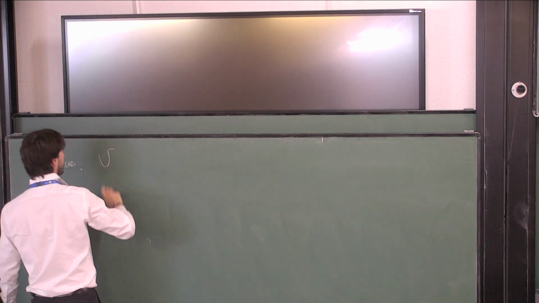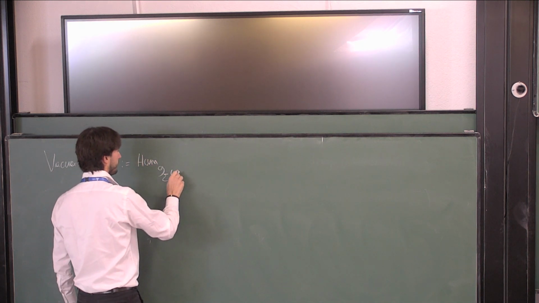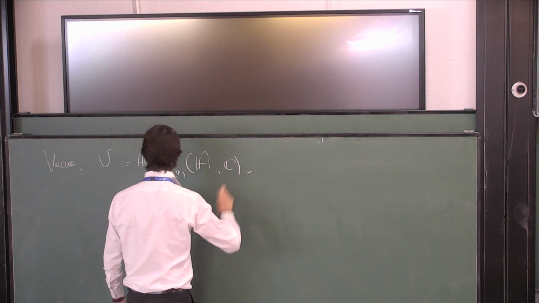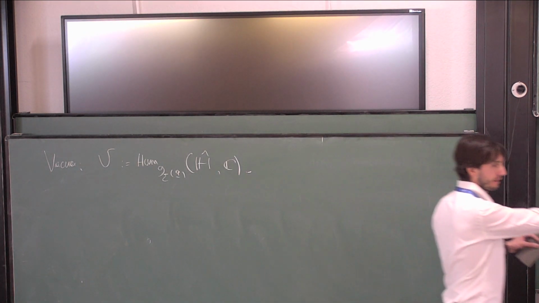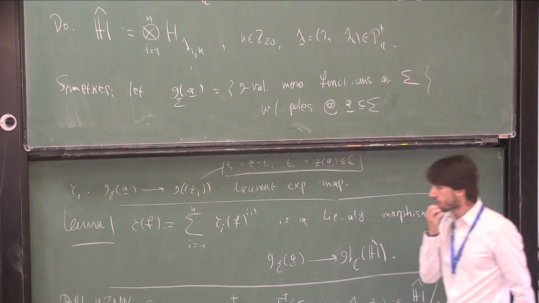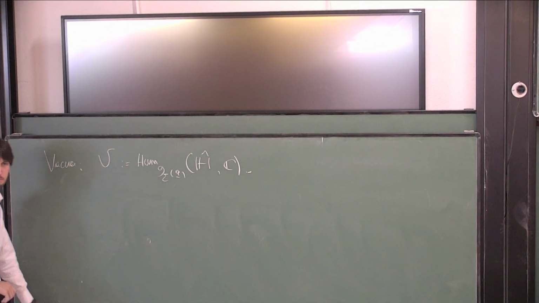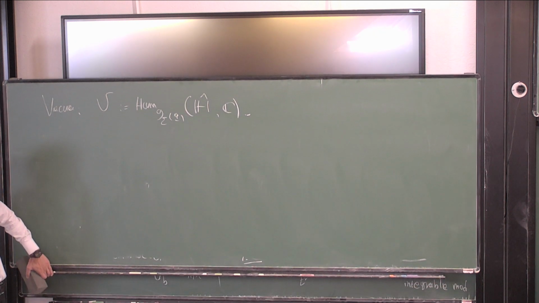So vacua V, depending on the same set of choices, you take the G sigma A linear functions from H to C. So linear functions which are invariant under the dual version of this action here. I guess let's say, fewer details are going to come in what follows, because otherwise it's too much.